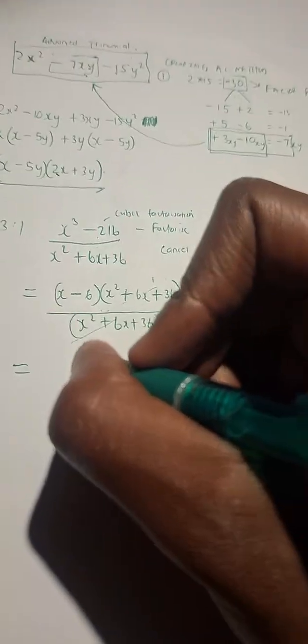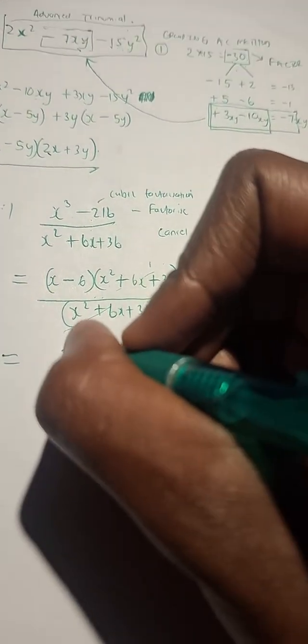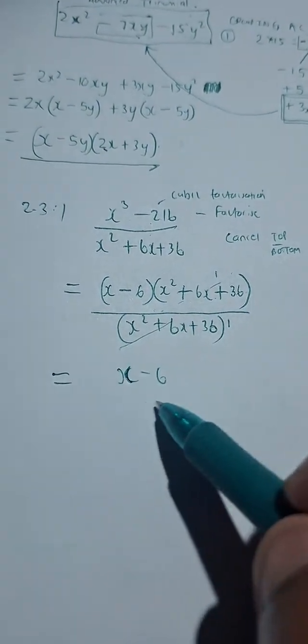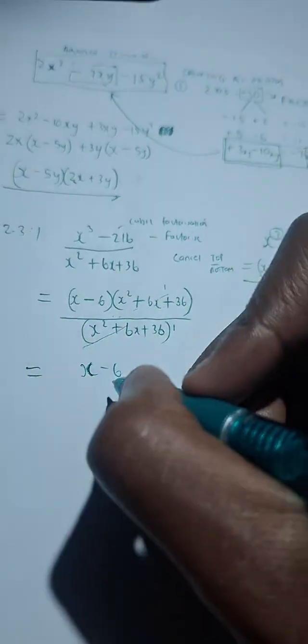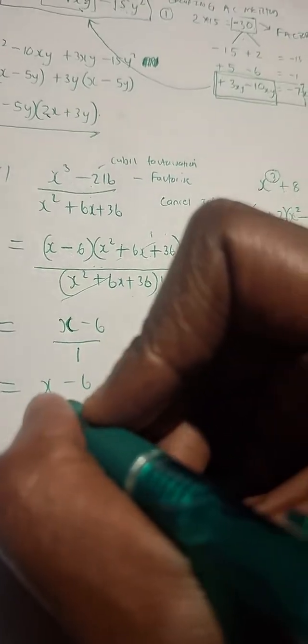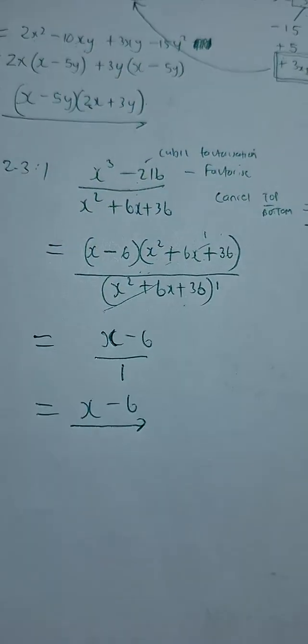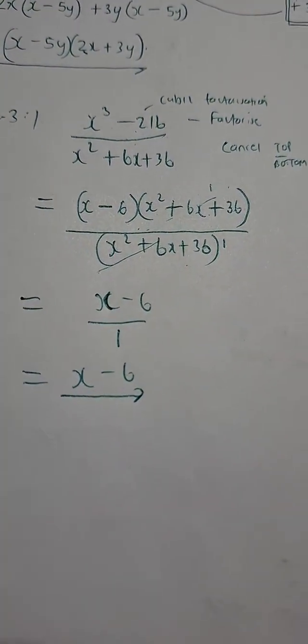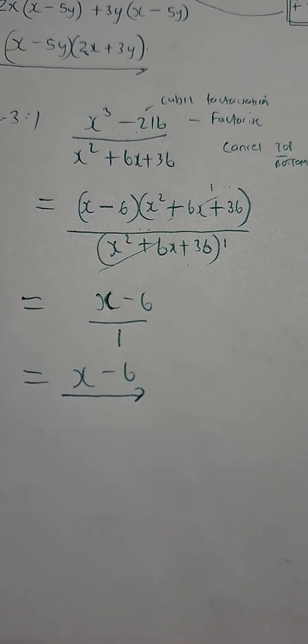In the numerator, we have x minus 6. Multiplied by 1, we still get x minus 6, over 1. Finally, our answer is x minus 6. We end right there.